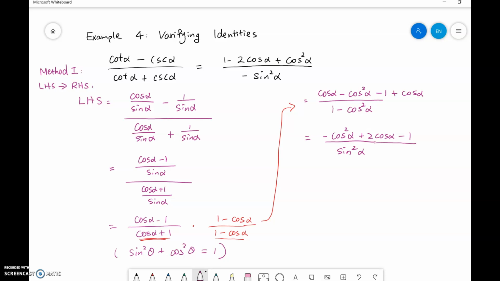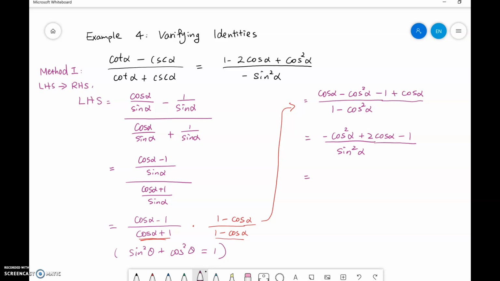Once I multiply both numerator and denominator by 1 minus cosine of alpha, multiplying and simplifying, I actually got something very, very close to what I need. I have the cosine squared, I have 2 times cosine alpha, I have 1, I have sine of alpha. The only thing is the sign is a little bit off.